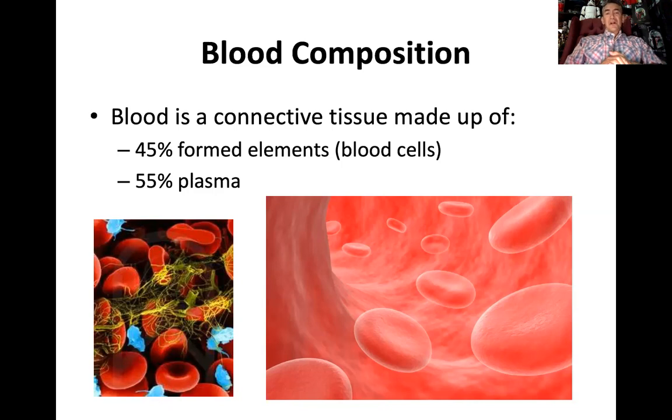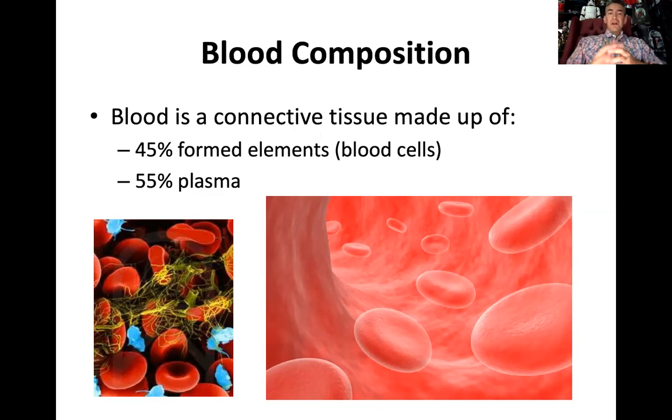So we look at blood, right? Blood is that type of connective tissue that you should have reviewed a little bit or thought a little bit about with the last assignment. So blood is a connective tissue. It doesn't seem like a connective tissue because it's liquid, but it does have the matrix and the formed elements within.